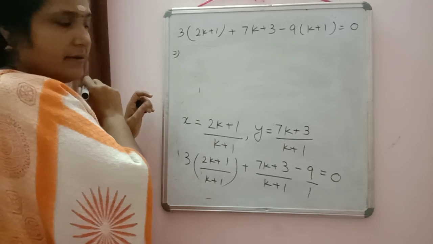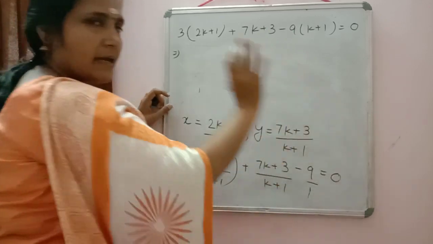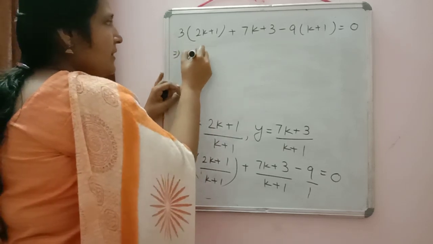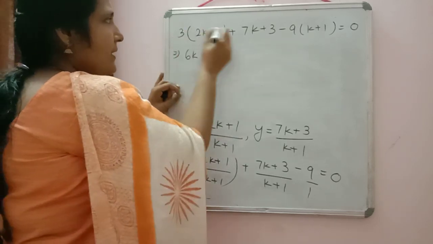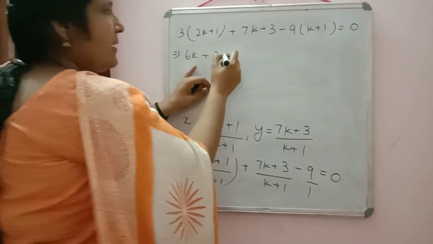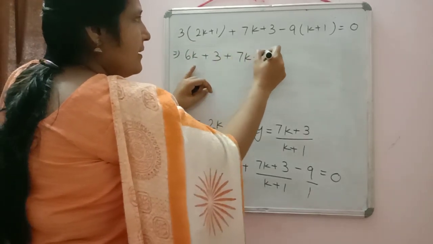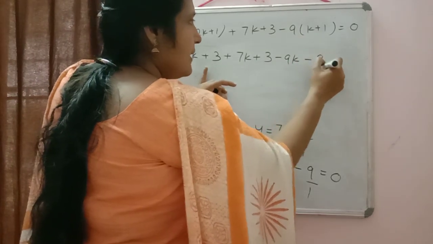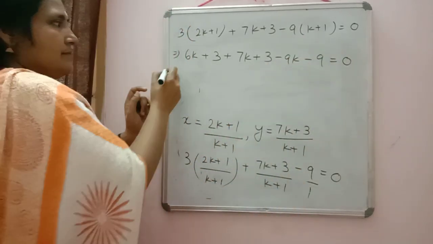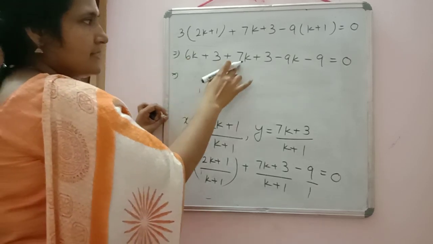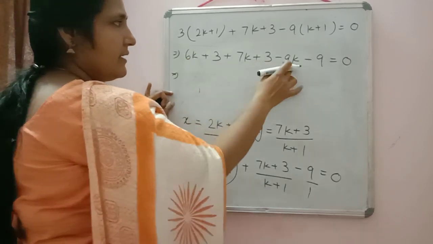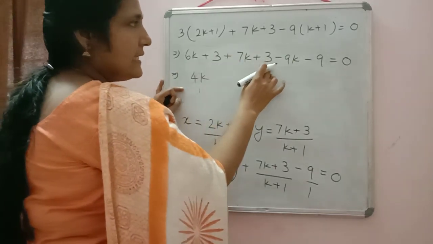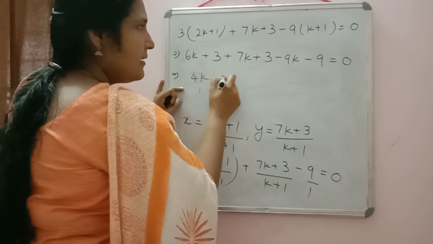Now we will simplify it. k + 1 multiplied by 0 gives 0. 3 into 2k is 6k, plus 3 into 1, 3, plus 7k plus 3 minus 9k minus 9 is equal to 0. 6k plus 7k is 13k, and 13k minus 9k is 4k. 3 plus 3 is 6, and 6 minus 9 is minus 3.